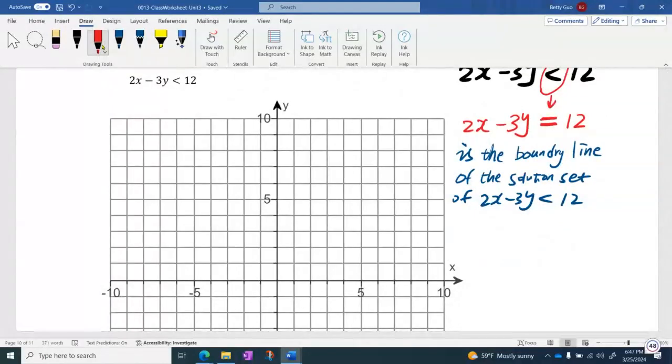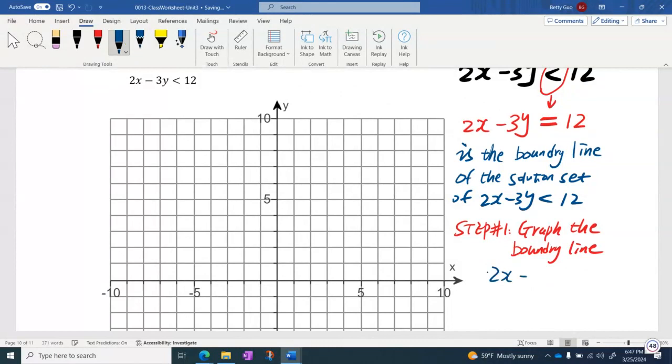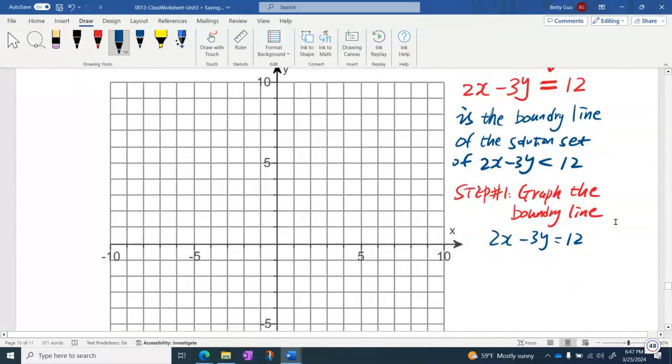Part 1, or step 1: graph the boundary line. The boundary line is in standard form, 2x minus 3y equals 12. Since it's in standard form, I'm going to use the intercepts to graph it.